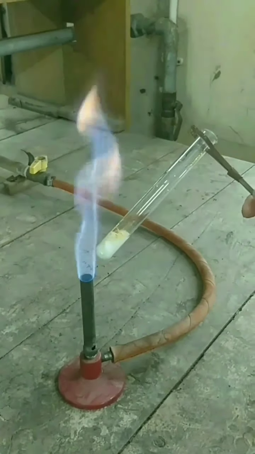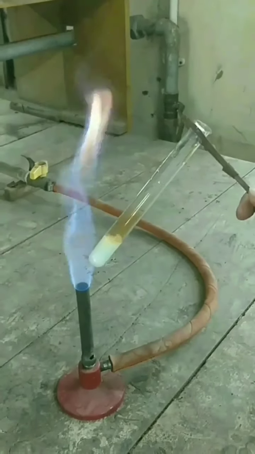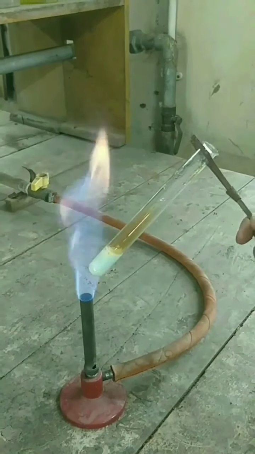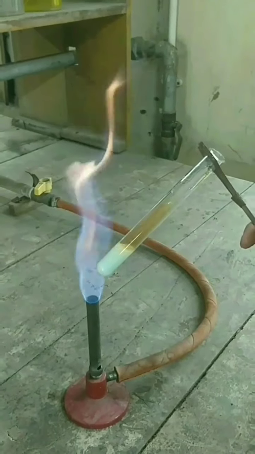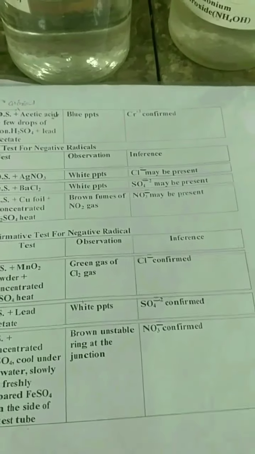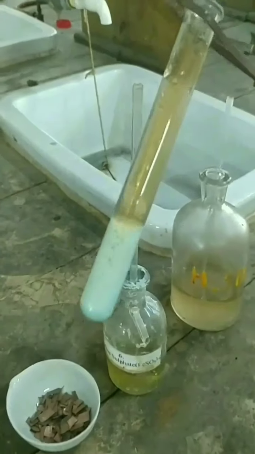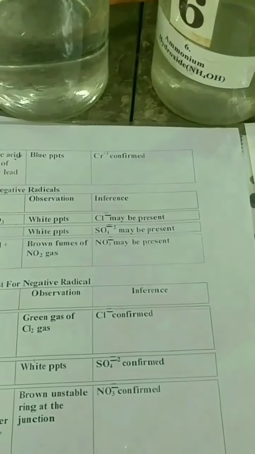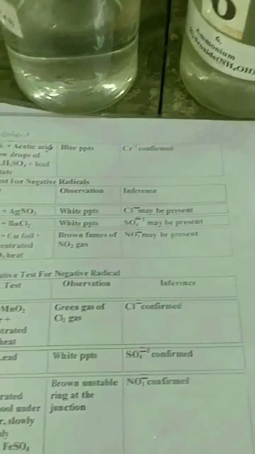You can see the evolution of brown fumes. This is of NO2. So in the observation you will write brown fumes of NO2 gas, and in the inference you will write NO3- may be present.